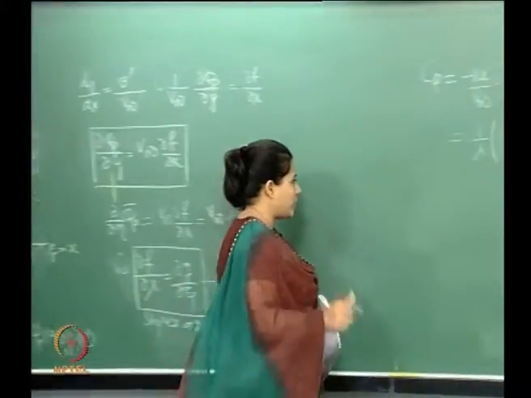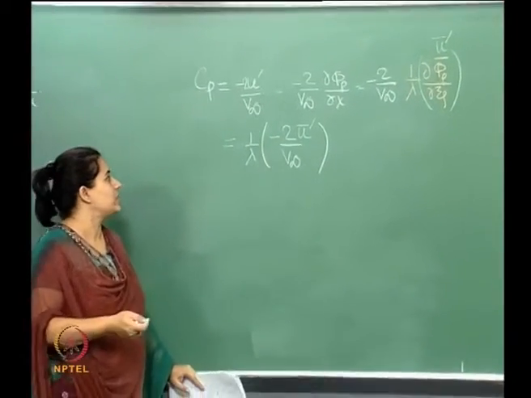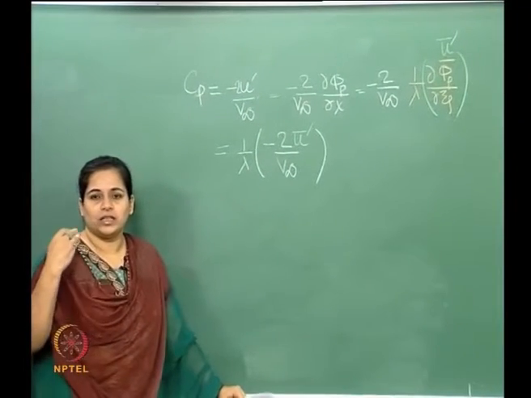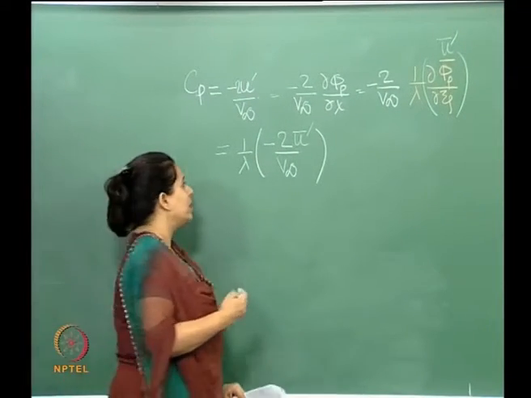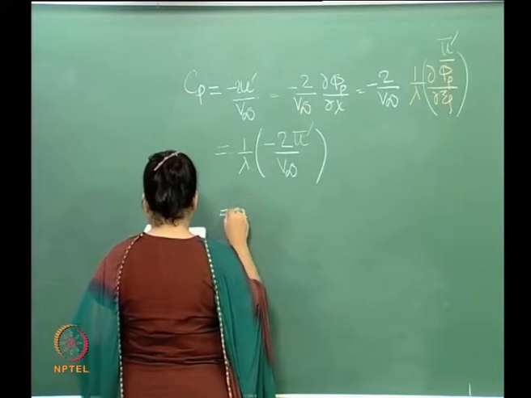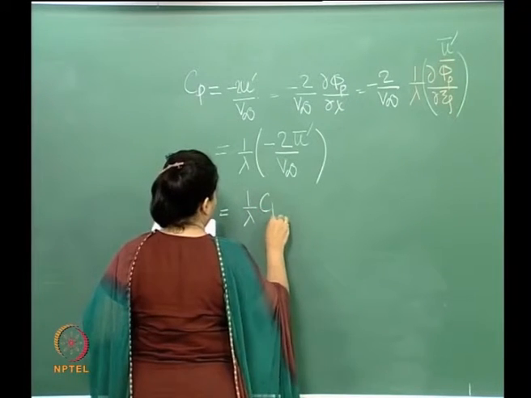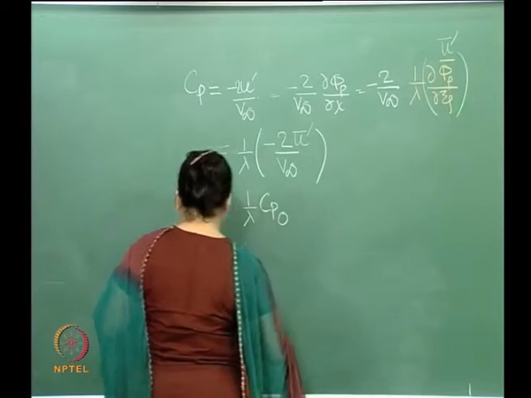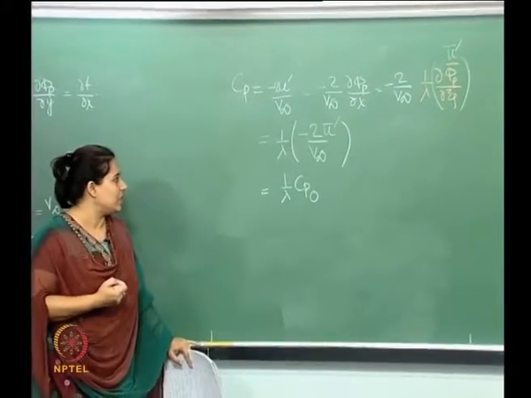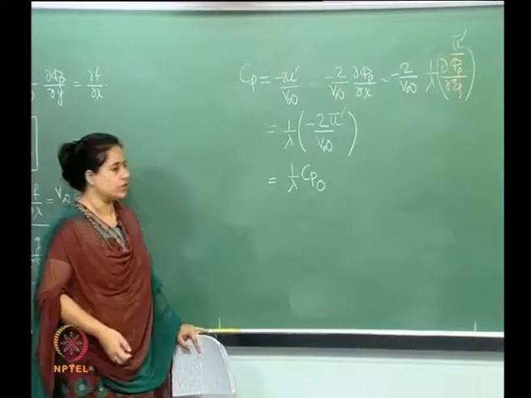So, now that we have been able to establish that this zeta eta coordinate system is basically an incompressible flow, I will write this in a special notation. The Cp naught is basically the incompressible pressure coefficient, right.